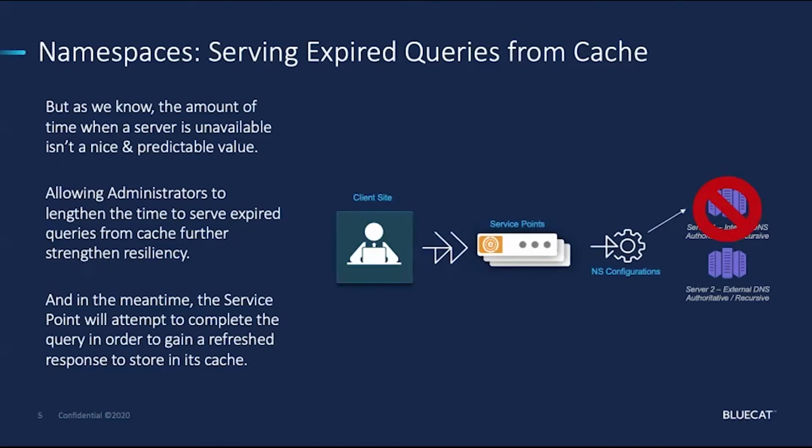And so in the meantime, the service point will attempt to complete the original query in order to gain a refreshed response that it will then store in its cache. All of this means that administrators can now configure service points in such a way that it really helps strengthen the end user experience. Now, let's see what that looks like when we set it up.